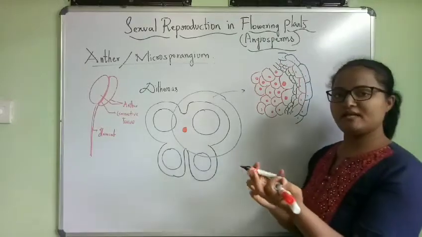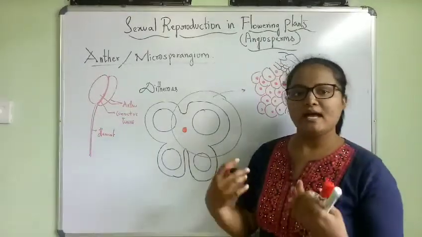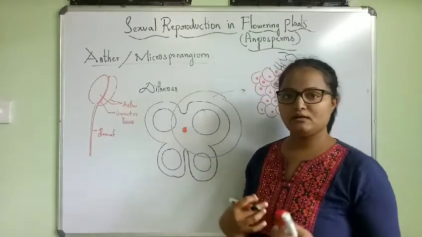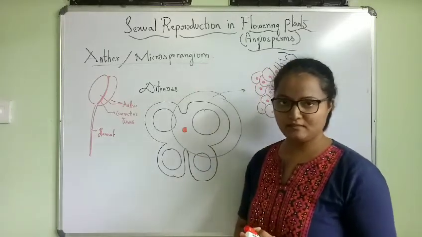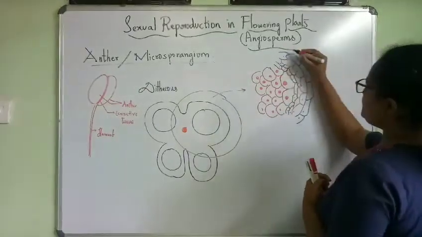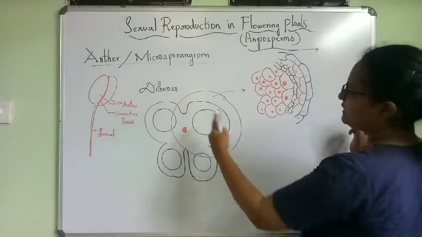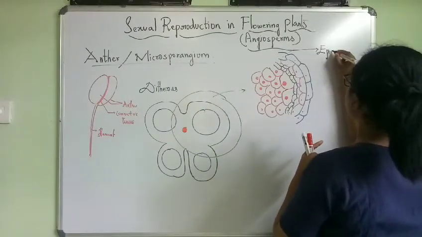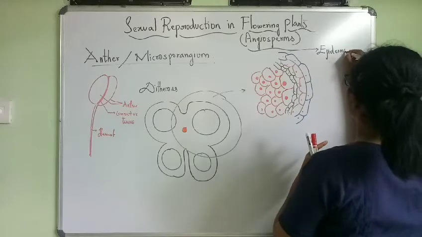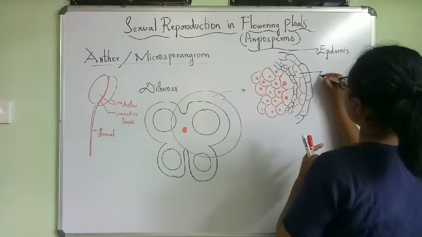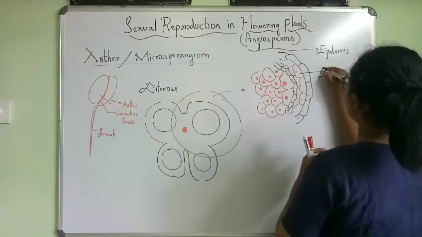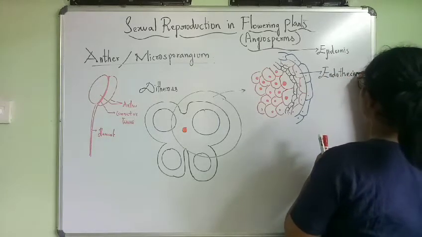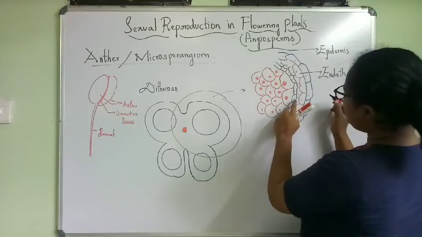It is made up of several layers, and each layer has its own function during microsporogenesis or during the maturation of pollen grain. The outermost layer, here you can see, we call it the epidermis. The second layer is called the endothecium.